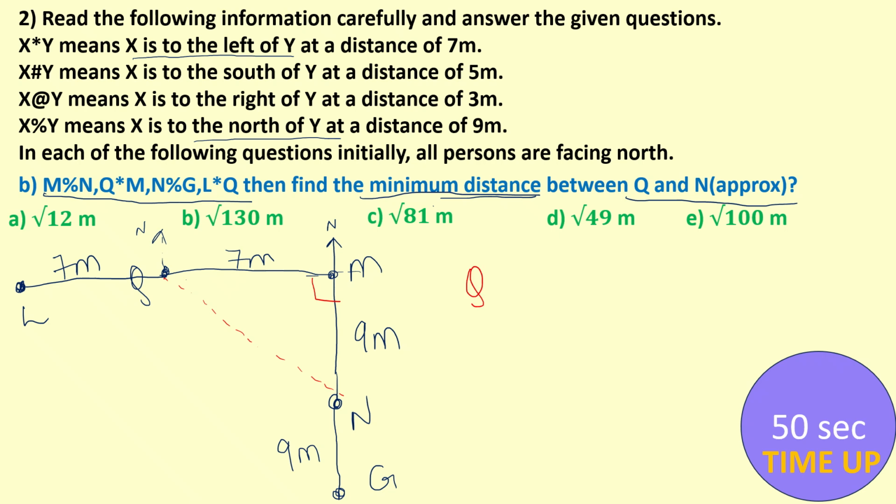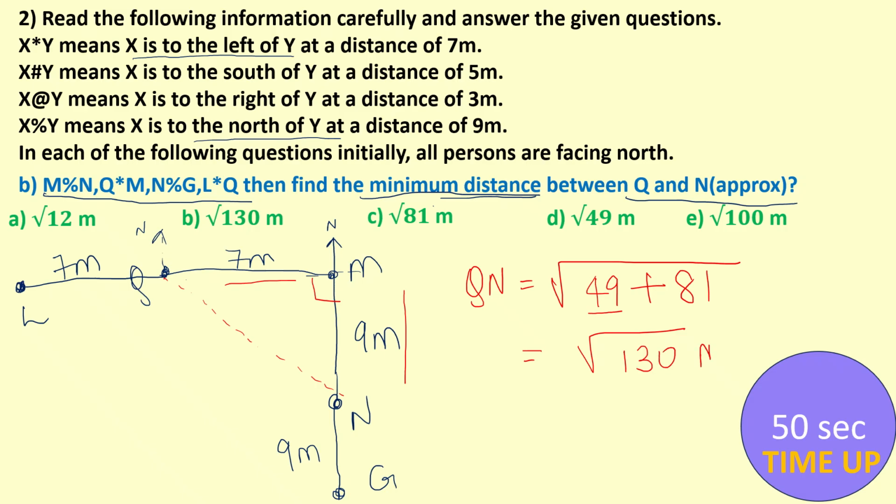QN will be equal to root of QM square, that is 7 square, which is 49, plus MN square, which is 9 square, which is 81. So it is root of 130 meter. So root of 130 meter is the B option, 130 meter.